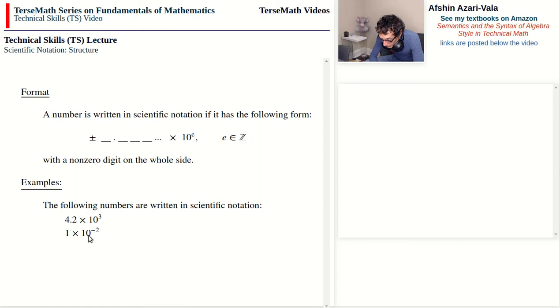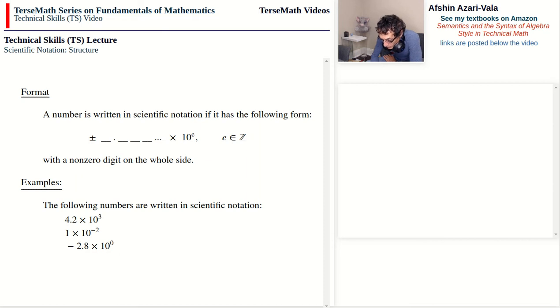We do have times 10 as required, and the exponent is negative 2, which is an integer. And negative 2.8 times 10 to the power of 0, now we have the negative sign, followed by one non-zero digit on the left of the decimal point. You can have, of course, anywhere between 0 to as many decimal digits as you want. We do have times 10, and 0 is an integer.